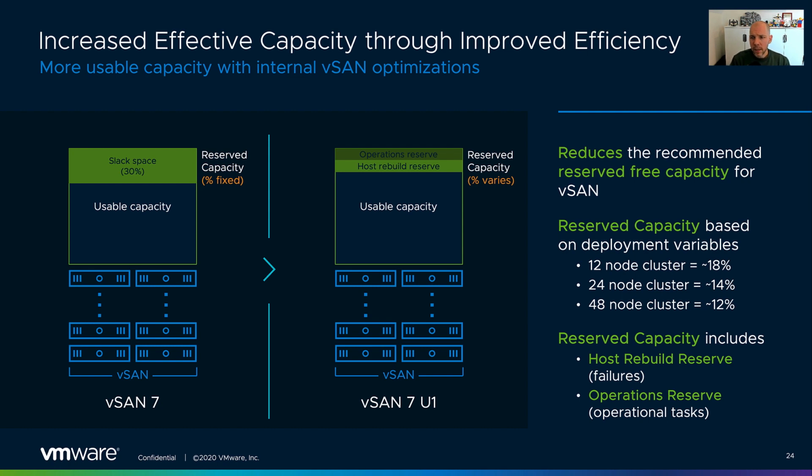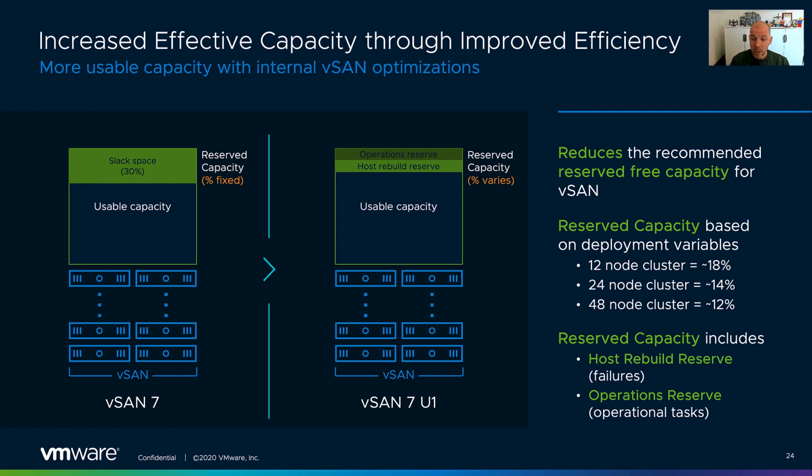Now, as you can see on the screen, from a capacity standpoint, that can save a massive amount of capacity, because traditionally, as I mentioned, we would say set aside 30%, but the larger the cluster is, as listed here, a 12-node cluster, you will get away with roughly 18% worth of capacity that is set aside. But if you have a 24-node cluster, that 18% all of a sudden drops down to 14%.